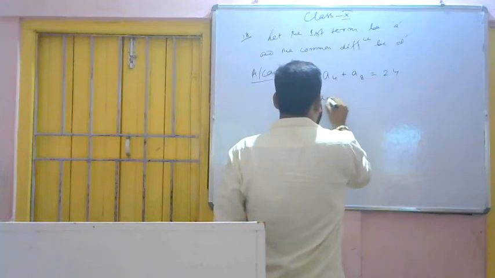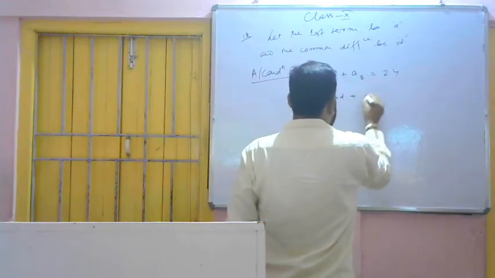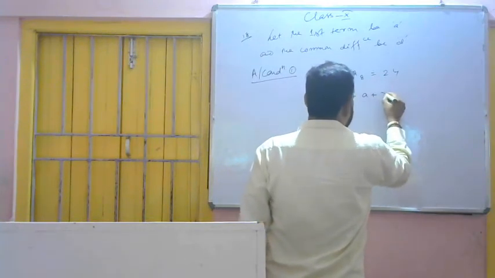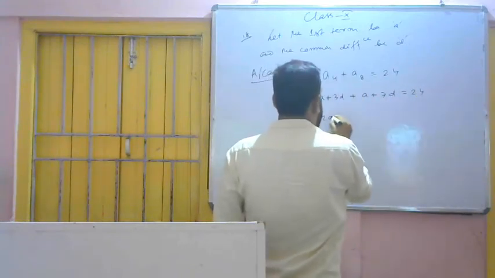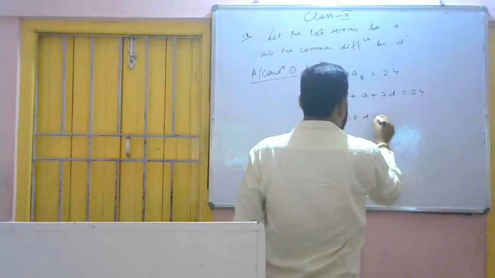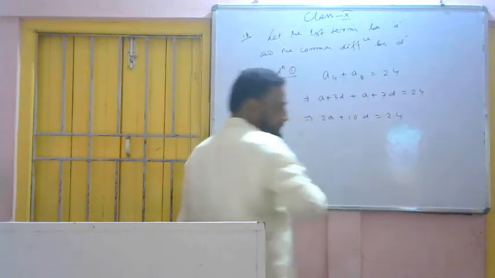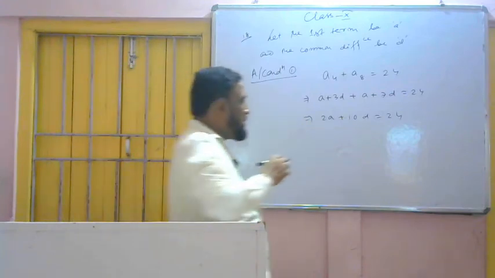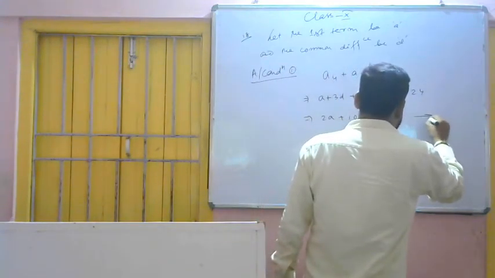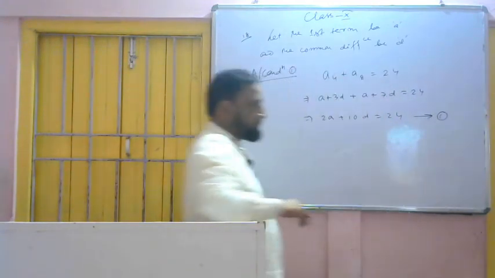Implies A plus 3D plus A plus 7D is equal to 24. Implies 2A plus 10D is equal to 24. This is your equation number 1.